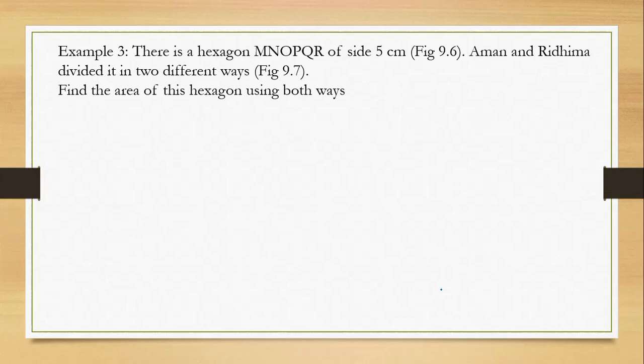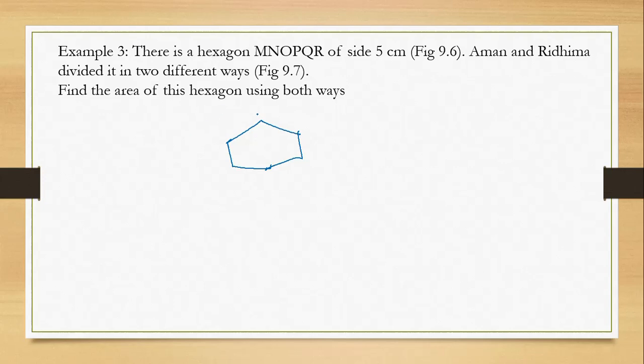In this question, we already discussed the first example, that is area of polygon. Here we apply the same method. In this they have given a hexagon, which has 6 sides, and they have given the area also.